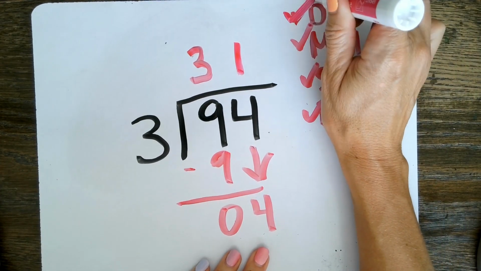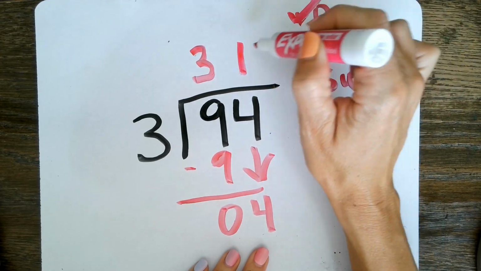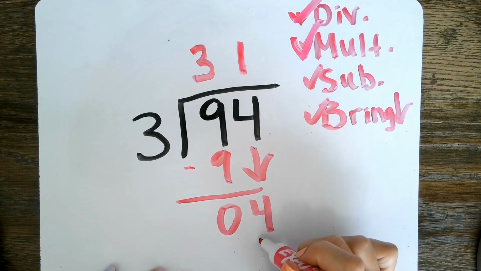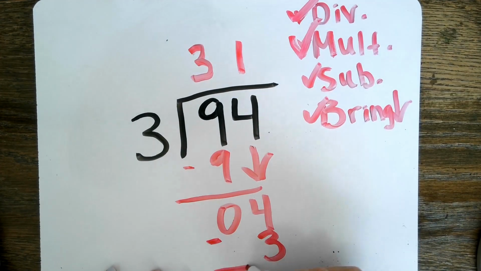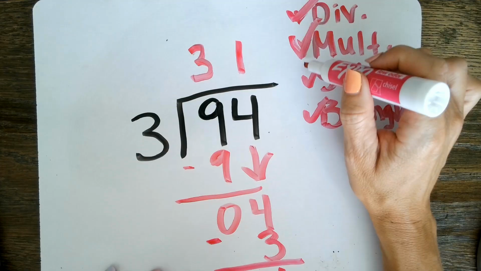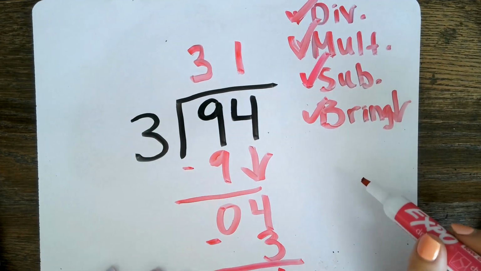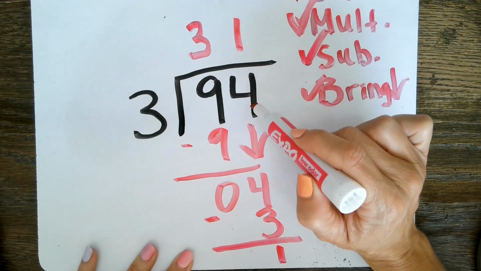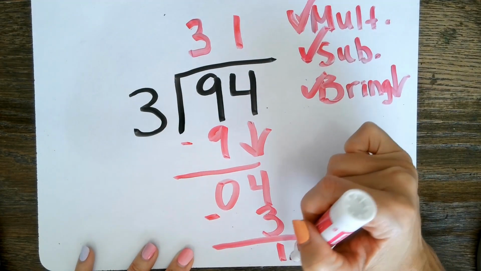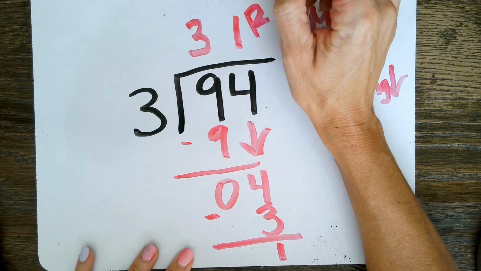So that was divide. Now we need to multiply. 1 times 3 is 3. We subtract, and we get 1. There's nothing left to bring down. We've filled both spots of the place value here. So the 1 is our remainder.